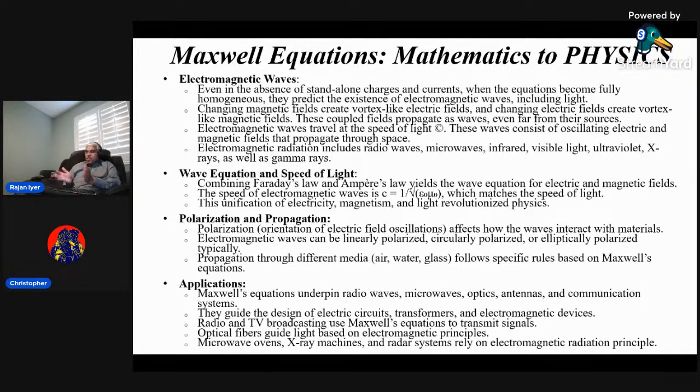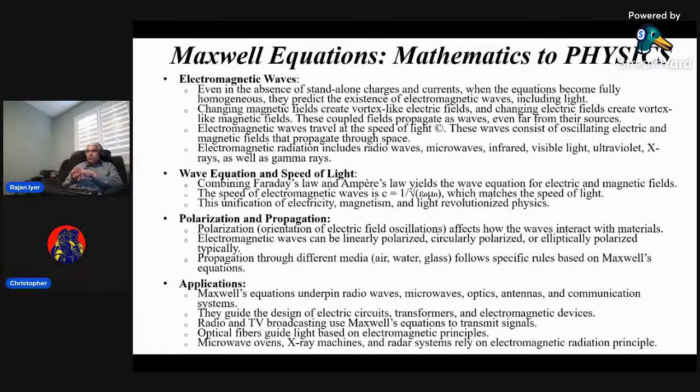What is the structure inside the material? We can actually peer into the structure of the material, including crystal structures and other things, based on this polarization aspect. Electromagnetic waves can be linearly polarized, circularly polarized, elliptically polarized. So there's a wide variety of polarization possible, including lasers and things like that.